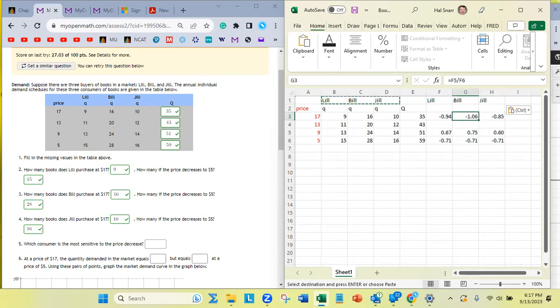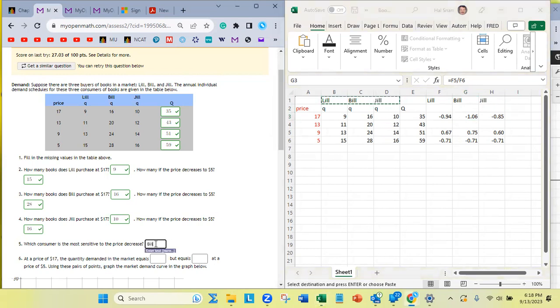Bill's demand is elastic because his elasticity is greater than 1. So Bill is more sensitive to a price change. So when you're looking at who's the most sensitive to a price decrease, you want to look at the elasticity, and the one that is most sensitive to a price change is the one that has the greatest elasticity, and that would be Bill.